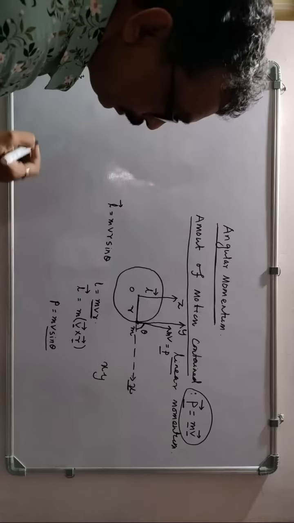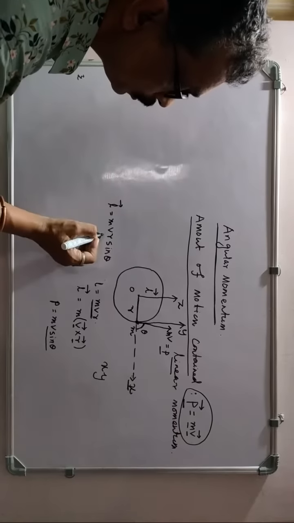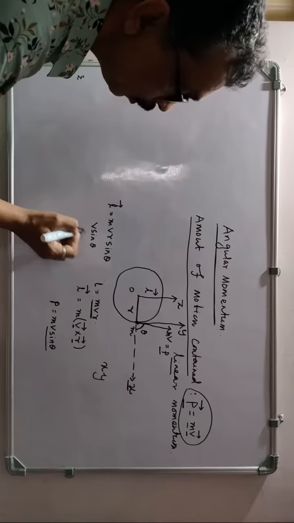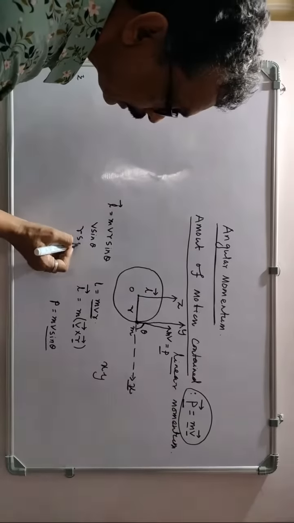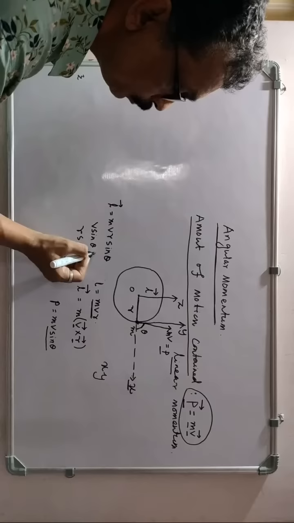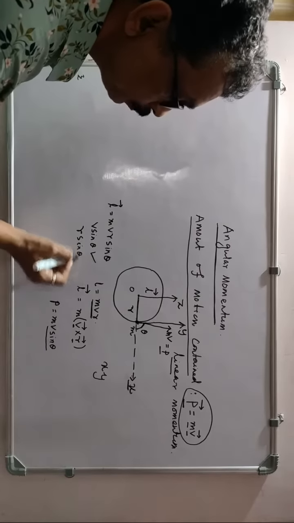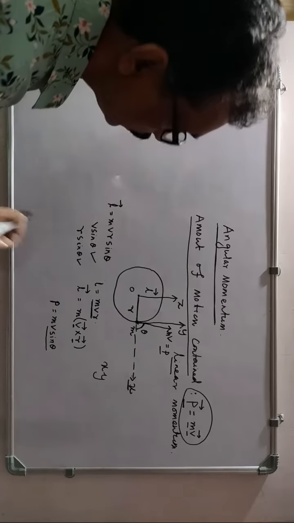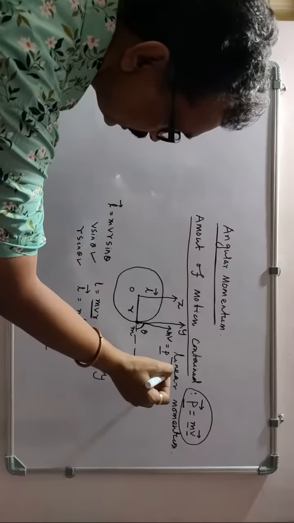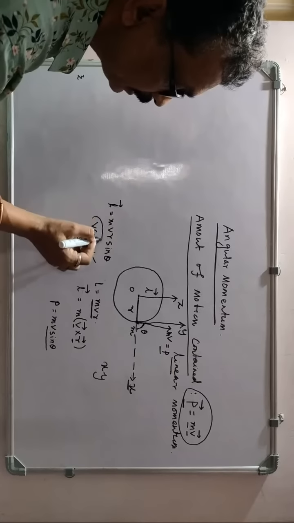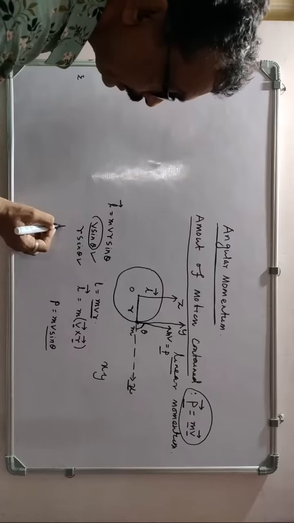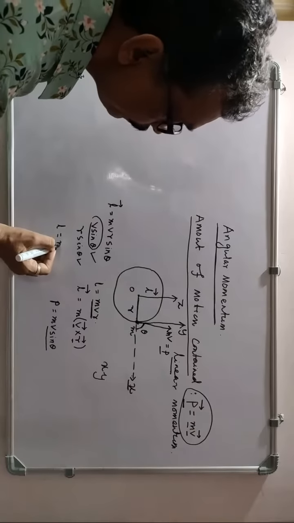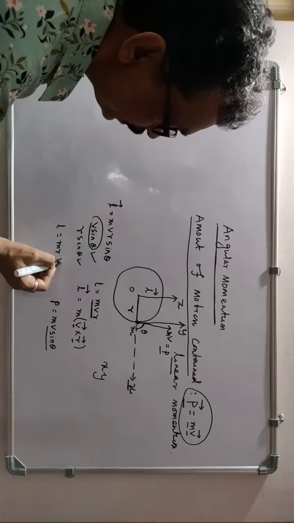So there is a problem whether you take v sine theta or you take r sine theta, or when you take v sine theta and when you take r sine theta. Remember, when the linear momentum is changing, you take v sine theta. That means you write the angular momentum as m r v sine theta.